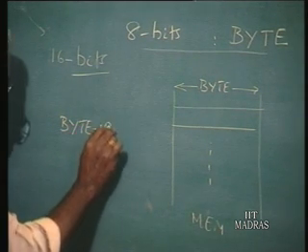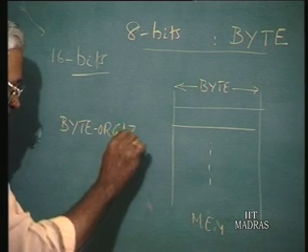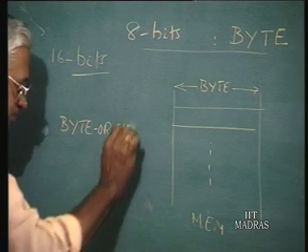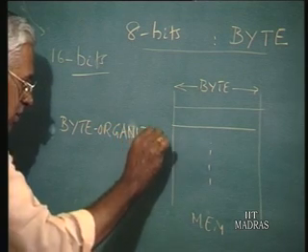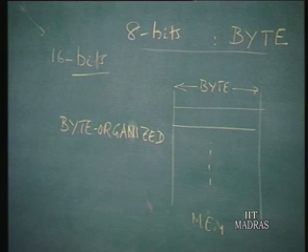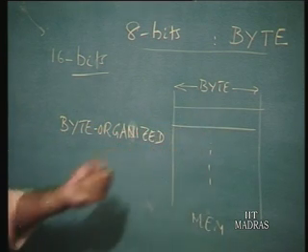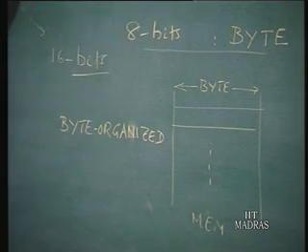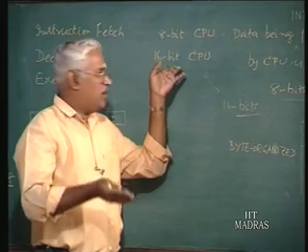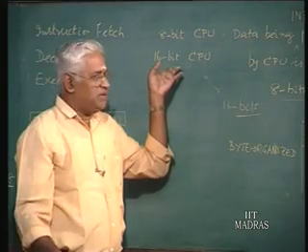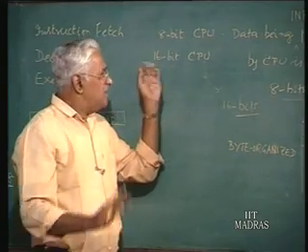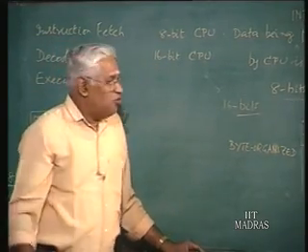Now why do we organize memory in this particular way? 8 is a very convenient figure. In case of more than 8, we talk about multiples of 8 bits, that is 1 byte, 2 bytes, 3 bytes, 4 bytes. So 8 bit, 16 bit, or generally 32 bit; 24 bit is also possible.